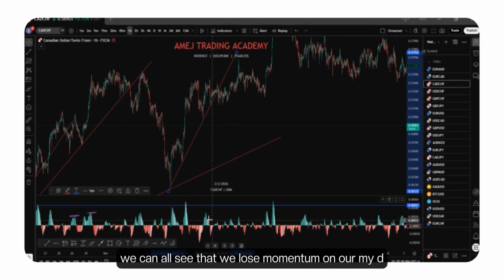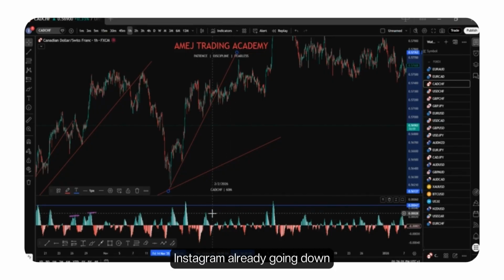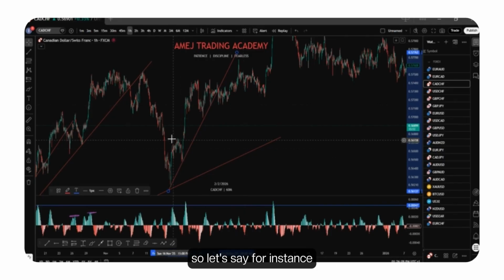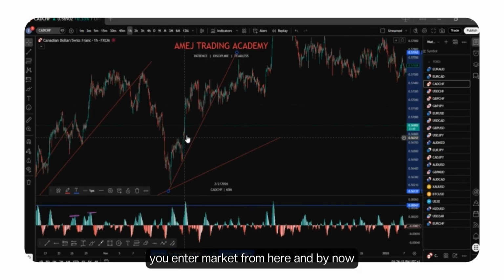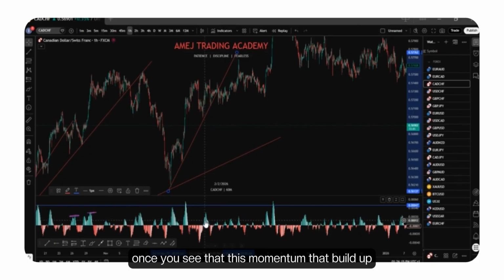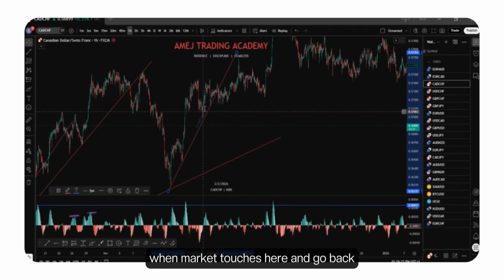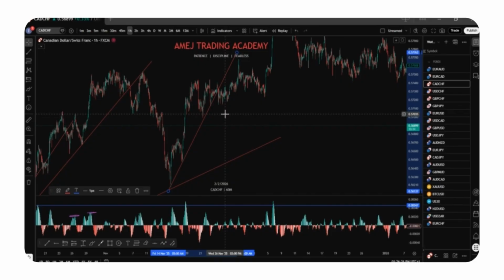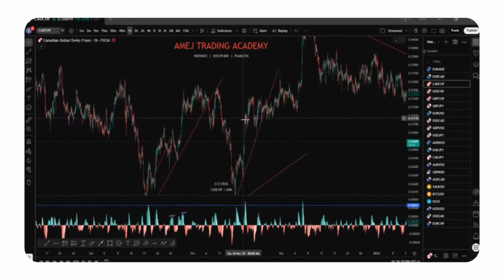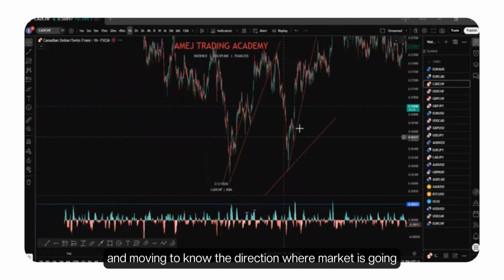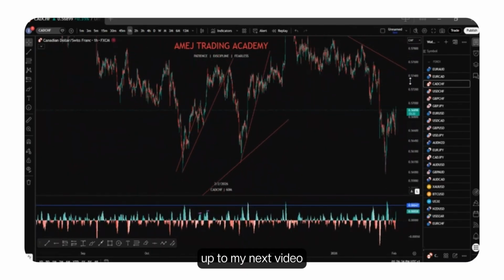We can all see that we lose momentum on our MACD histogram, already going down. So this alone is telling us that the market is about to go down. So let's say, for instance, you enter the market from here, and by now, once you see that this momentum that builds up can't beat this one, I think you already take profit when the market touches it here and goes back. So this is how you use your trend line and MACD to know the direction where the market is going.